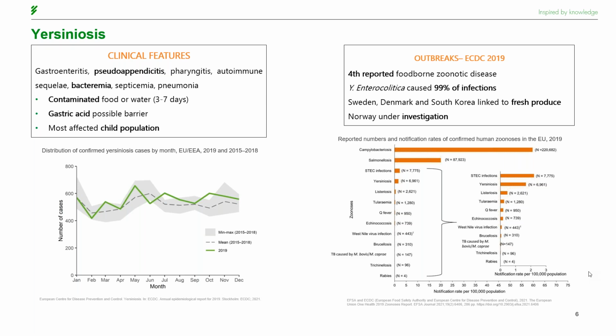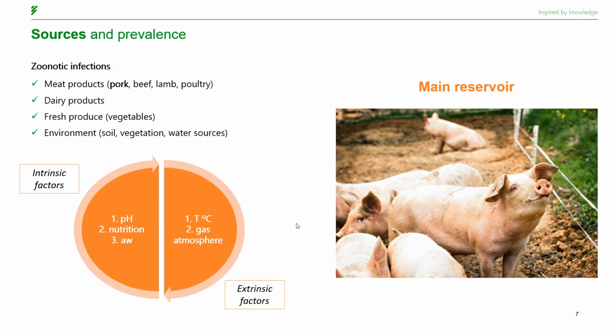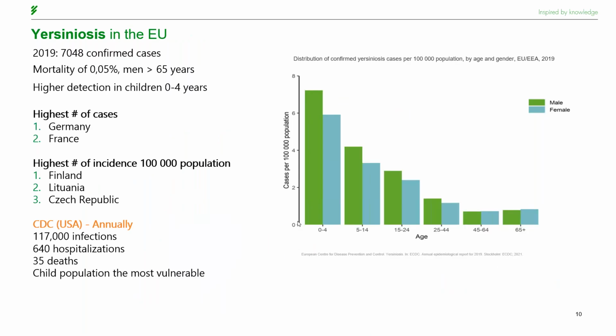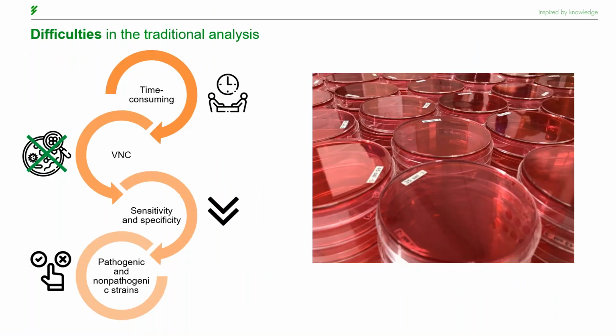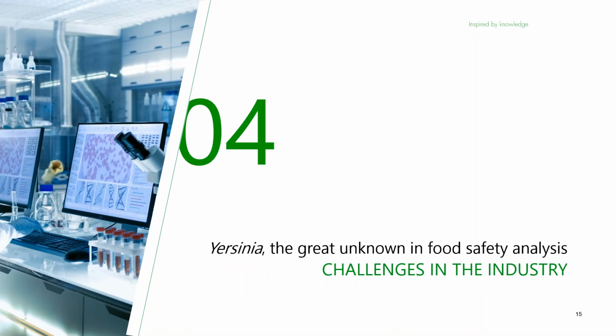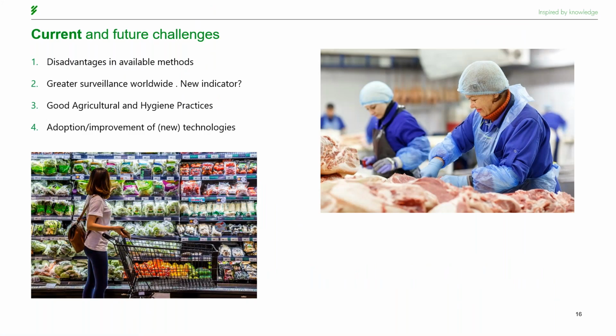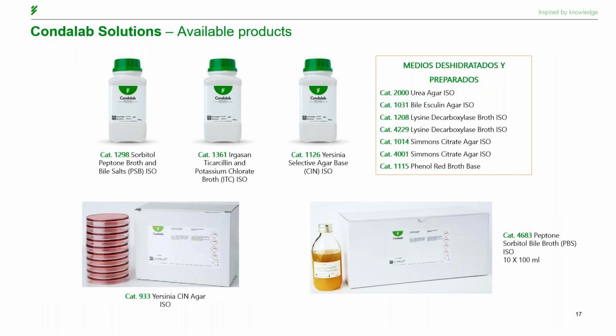Okay, we have another one. Are there any accredited alternative methods for Yersinia? We have found quite a small supply actually in the market. There are, of course, some kits for the detection of Yersinia that aren't accredited, most likely due to the low monitoring and control of this pathogen.